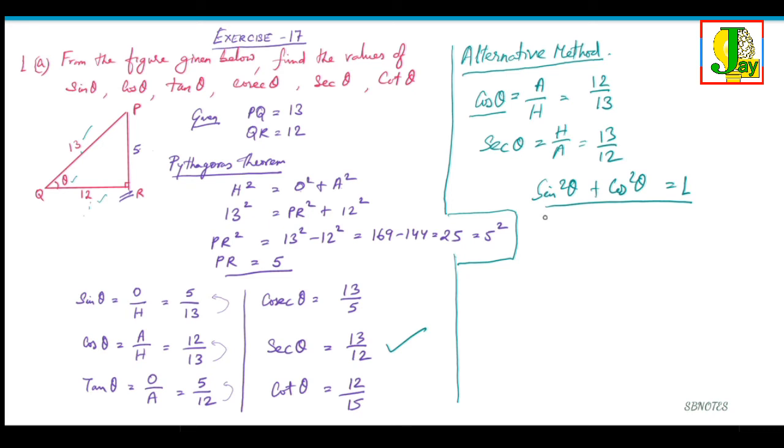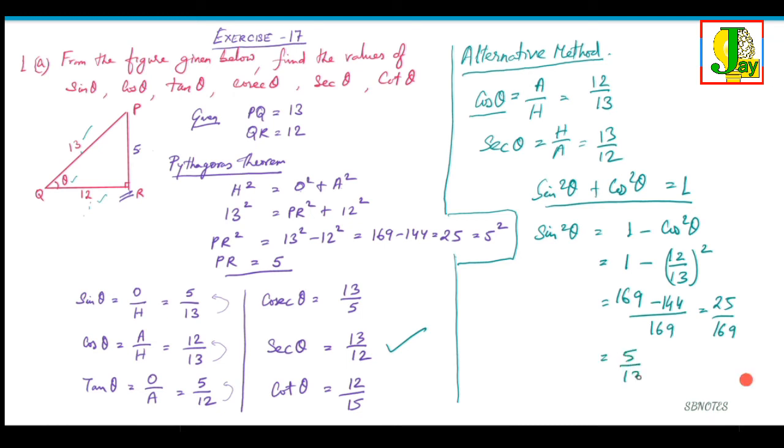So we get sin square theta equals 1 minus cos square theta, that's 1 minus 12 by 13 whole square, which is 5 by 13 whole square.